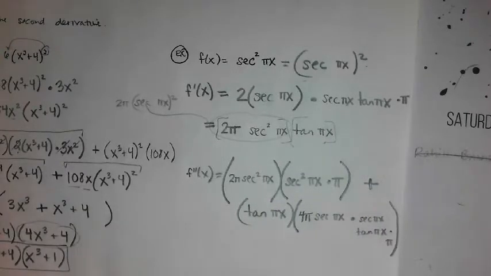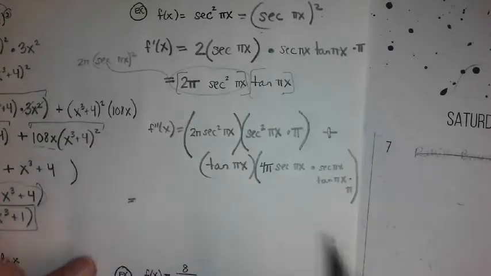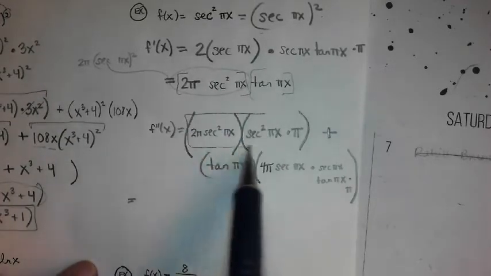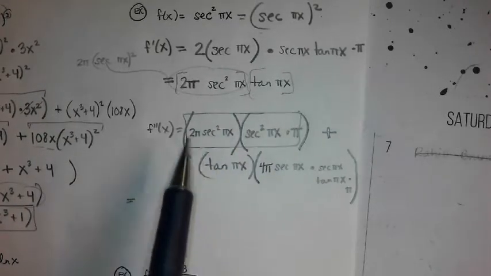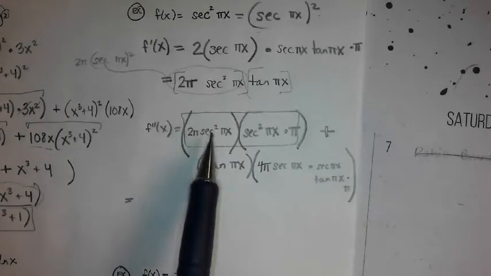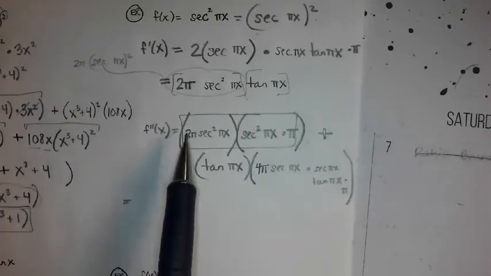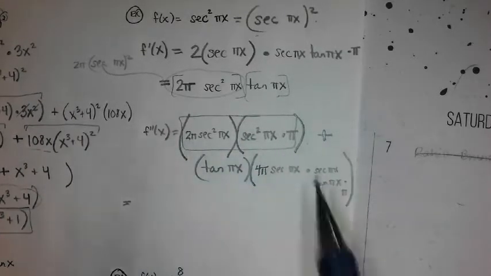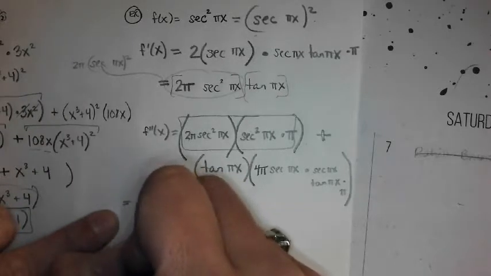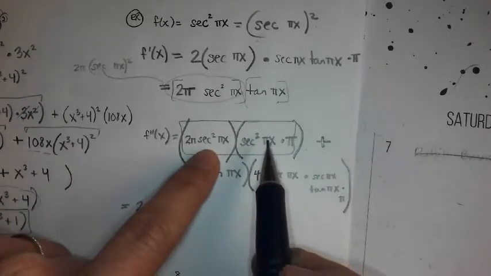I don't like that one. Alright, so slowly but surely, on this first one, when I multiply, this is going to condense pretty nicely. I've got a 2 times a pi times a secant squared times another secant squared times a pi. So overall I have a 2 and a pi squared and a secant to the 4th. You with me?